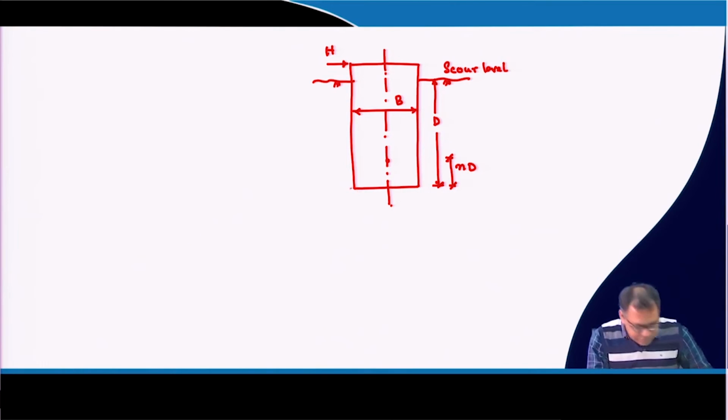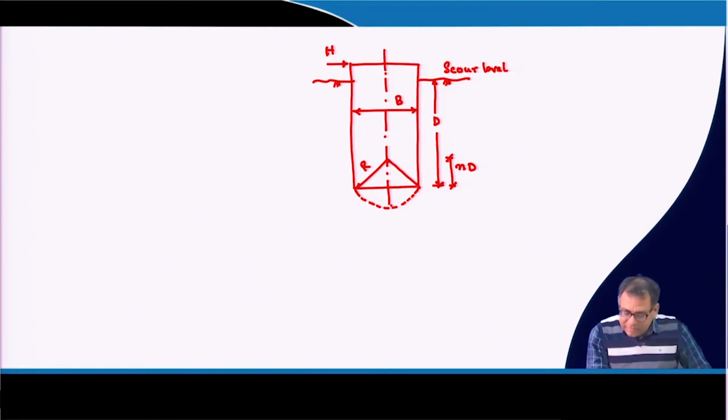So, a rupture plane will develop below the base of the well. With a radius of r, we can draw this rupture plane, and this radius makes an angle theta with the vertical line.